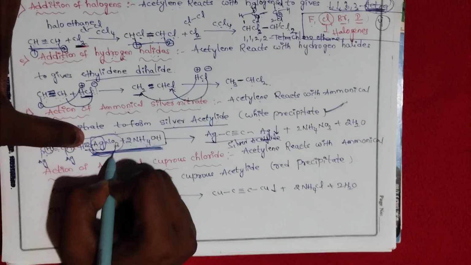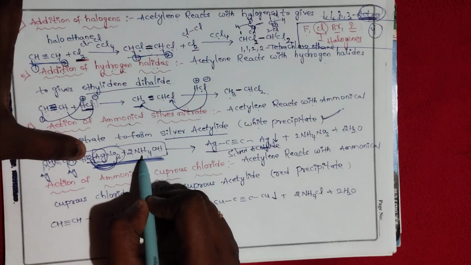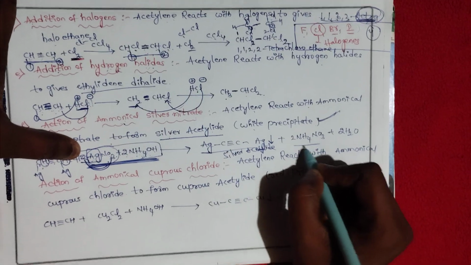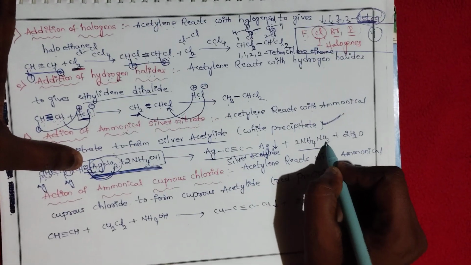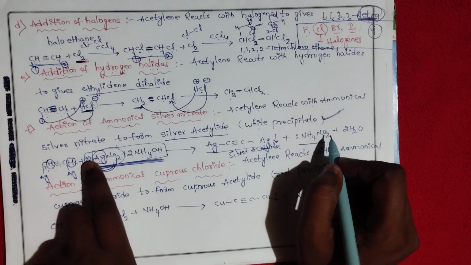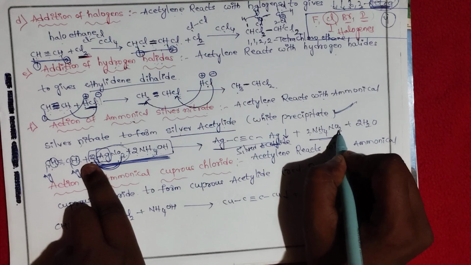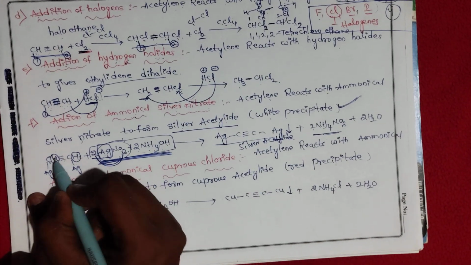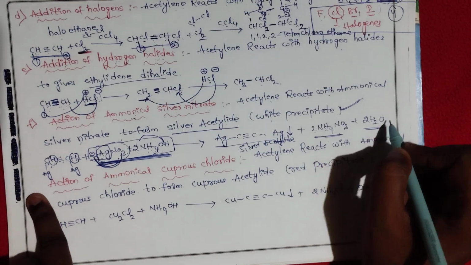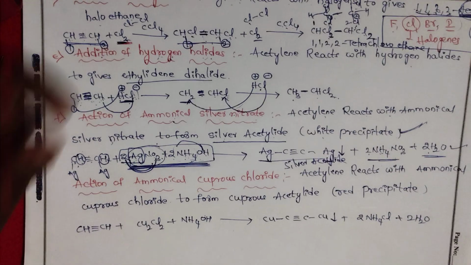The two nitrates combine with two ammonium, so we get two moles of NH4NO3, with two NH4 and two nitrates. And in that, two hydrogens and two OH, so finally we get two moles of water molecules.